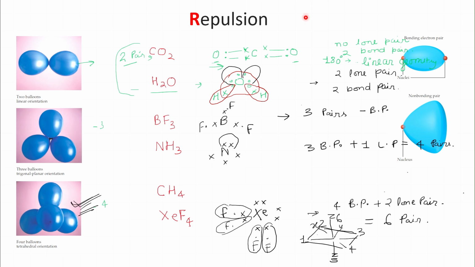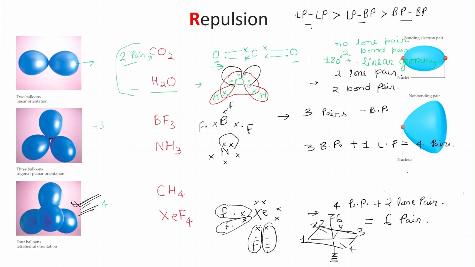So we also have this trick we can remember for the repulsion. If we have two lone pairs, the repulsion between them will be greater than that between a lone pair and a bond pair, and two bond pairs will have repulsion, but that will be the least.